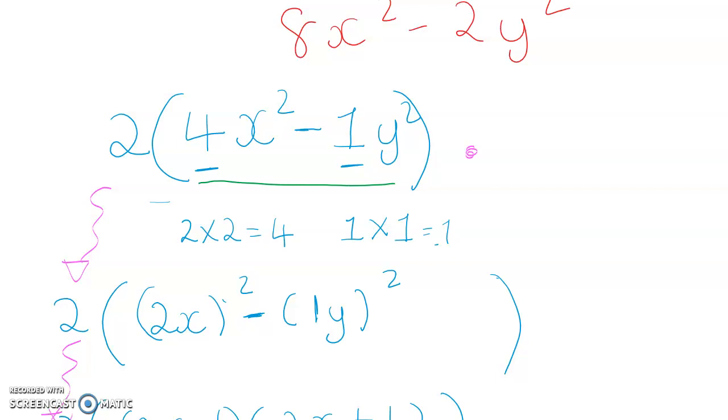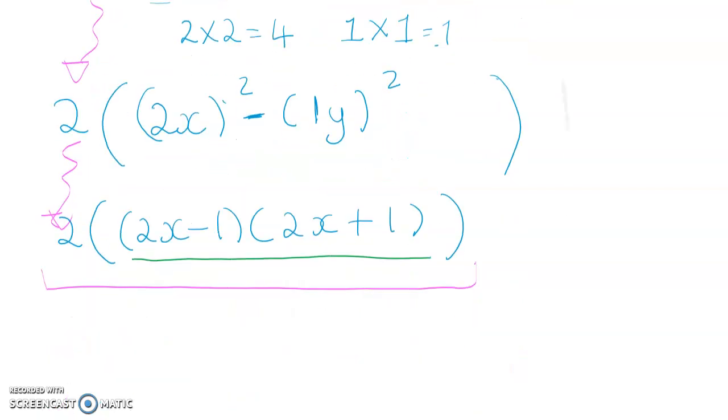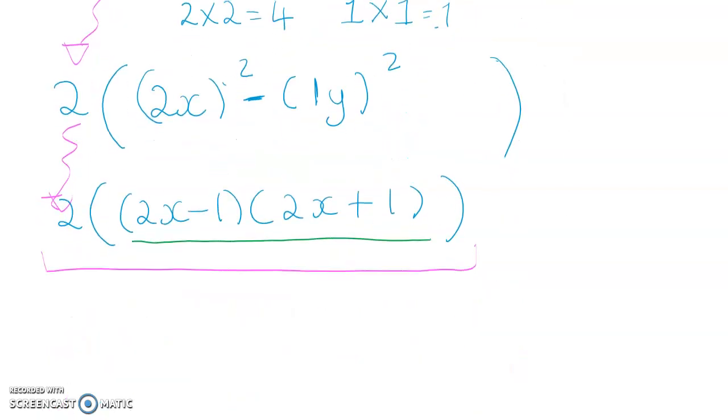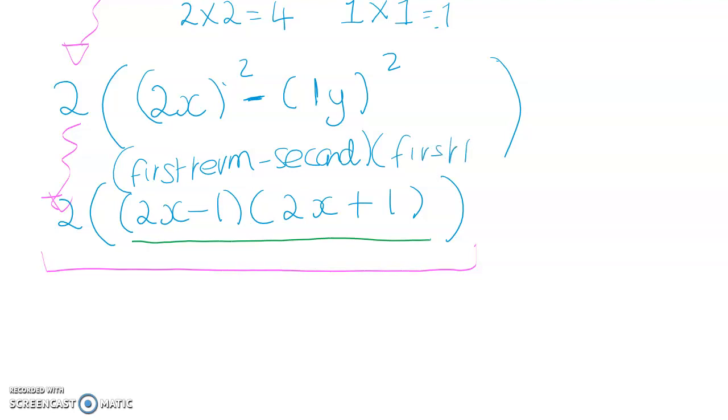So where the 2x minus 1, 2x plus 1 comes out of is that it's part of our formula. You say first term minus second term, bracket, first term plus second, where the first term is 2x and the second term is 1y.